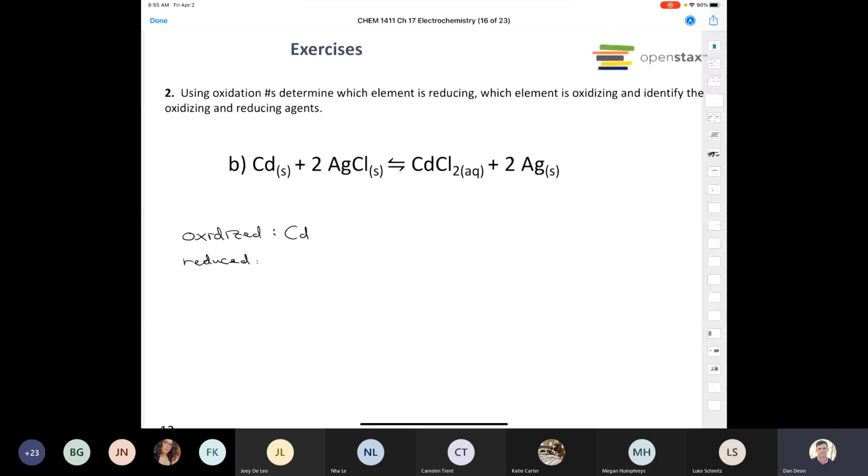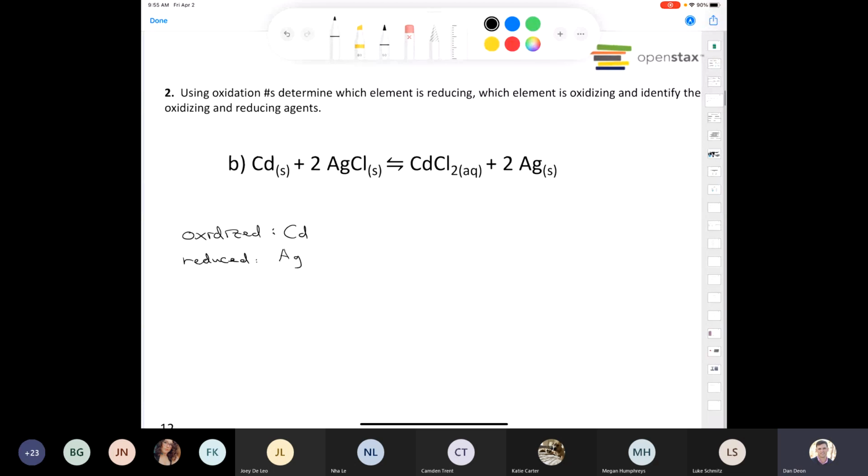Could anybody tell me what element is being reduced in this reaction? Yeah, silver. If you're wondering how my students figured that out, well, the cadmium is in its pure form, and so it has an oxidation state of 0.